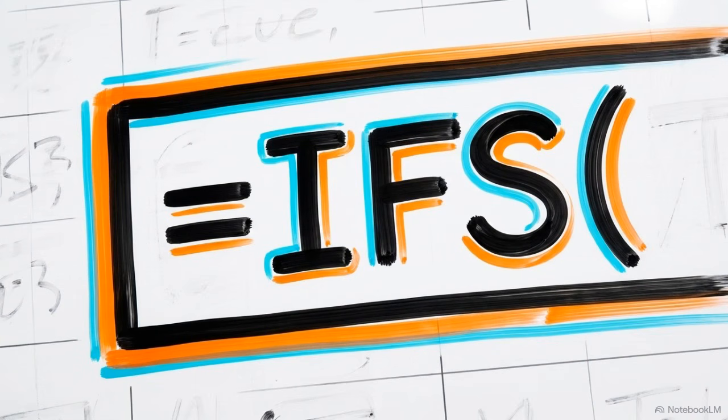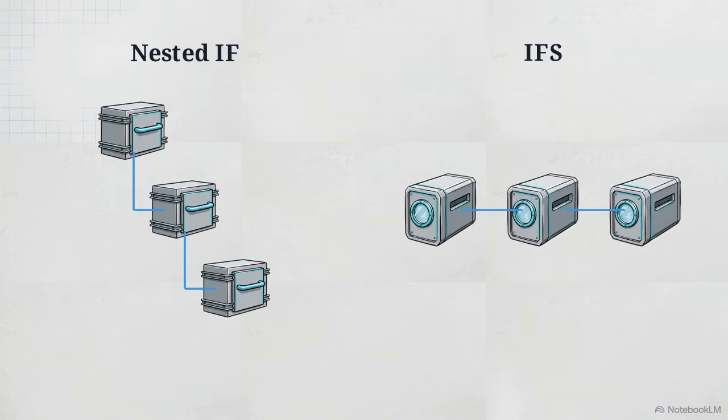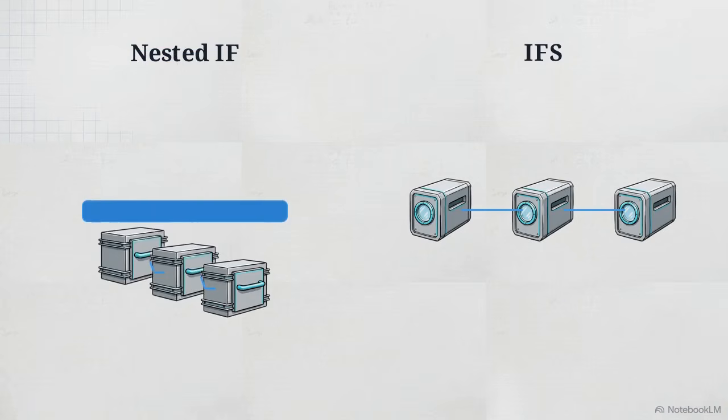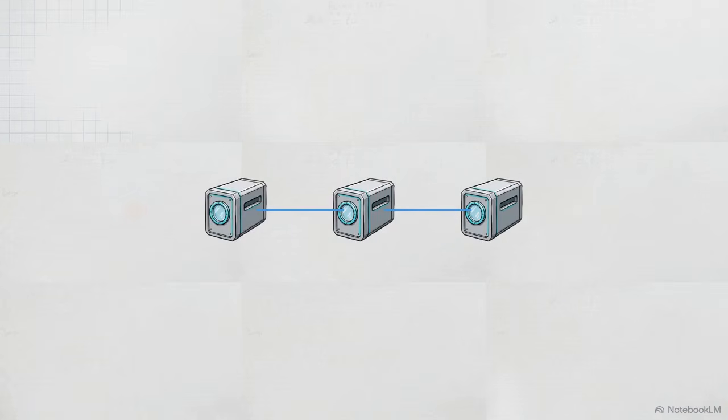The modern IFS function provides the exact tool for this transition. Looking at this diagram of execution traces side by side, the difference in structural footprint is clear. The nested architecture drops vertically in a cascading staircase, while the IFS architecture runs in a clean, flat sequence. By utilizing this function, the calculation engine flattens the logic tree into a single layer.